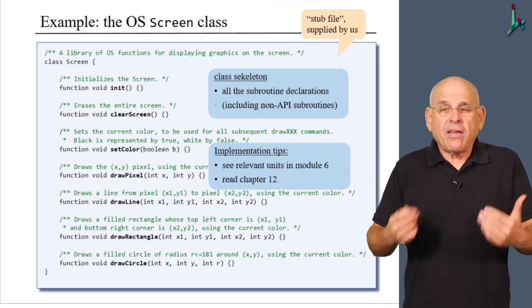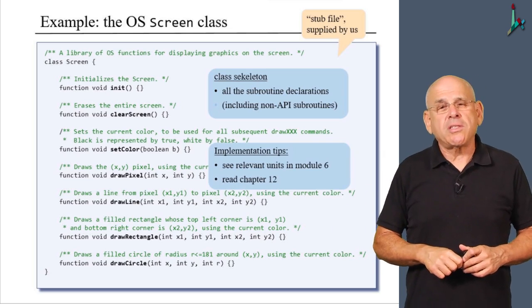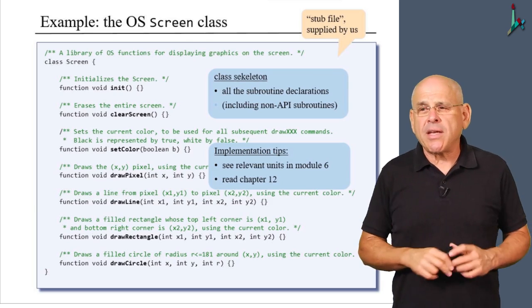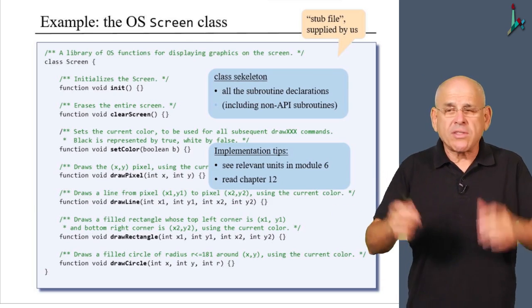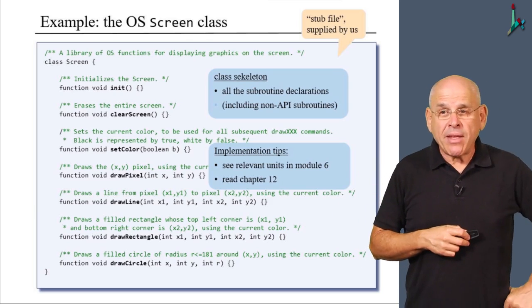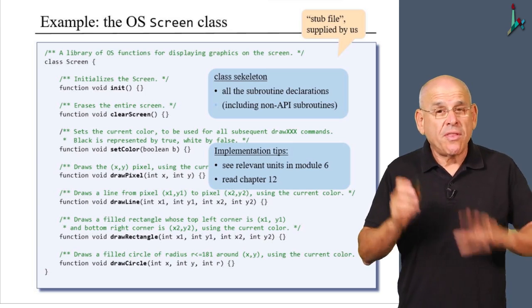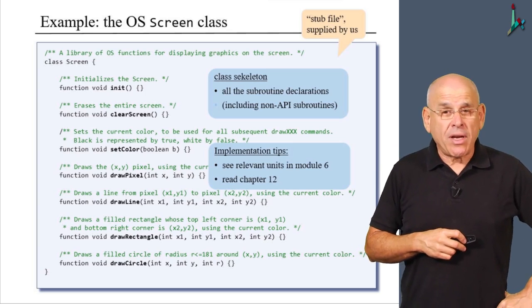So you just go back, you reread, if necessary, the relevant units in Module 6. If you want, you can consult Chapter 12 in the book, and then you just go on and implement every one of these methods using the Jack language. So that's how you will develop the screen class.